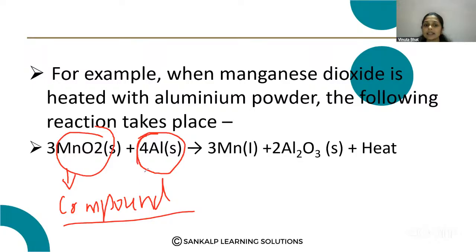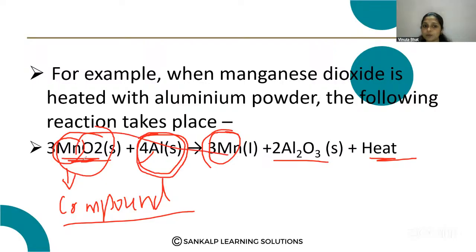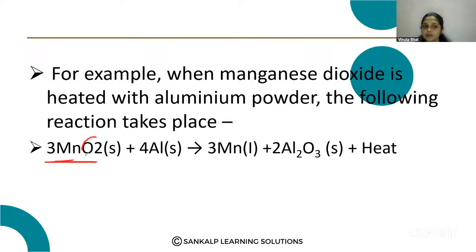When we react it with the highly reactive metal, this metal displaces the manganese from its compounds. So see here, 3Mn and Al2O3, and a lot of heat is released. So Mn is displaced from its oxide, and aluminium oxide is formed.